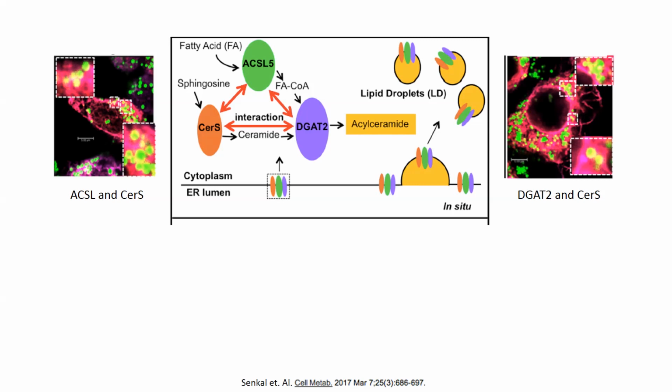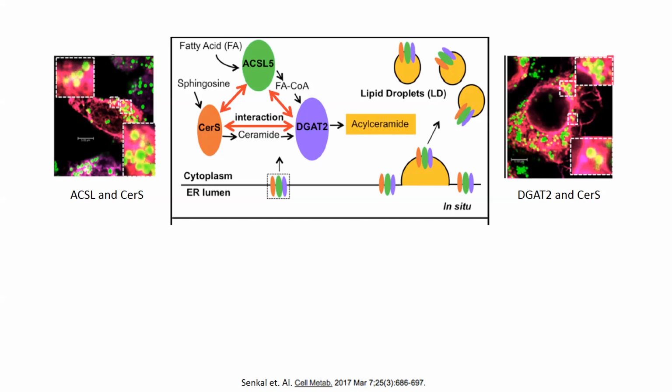And this is the proof here that if you transfect cells with the ACSL and the ceramide synthase, you can see here that you're getting lipid droplets in cells, and if you do higher magnification, you see the interaction is at the lipid droplet interface.